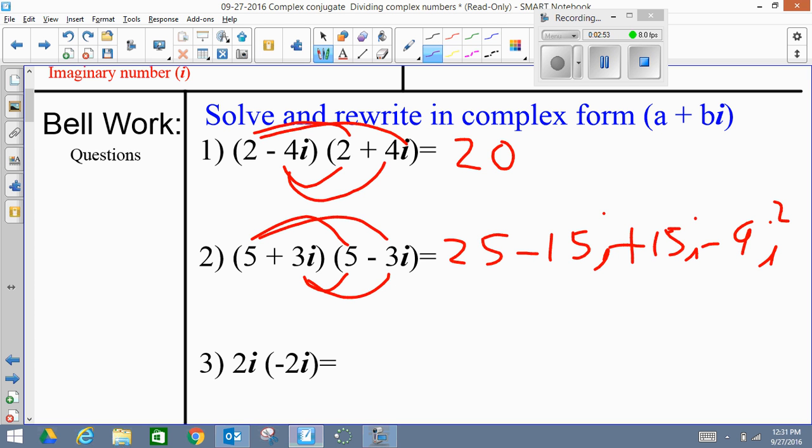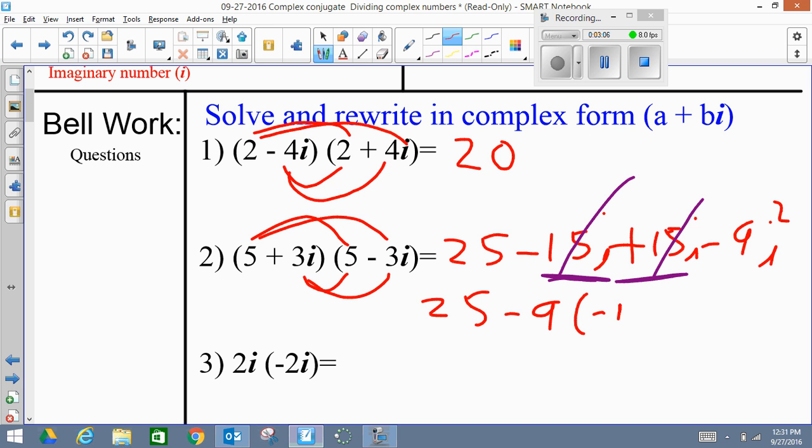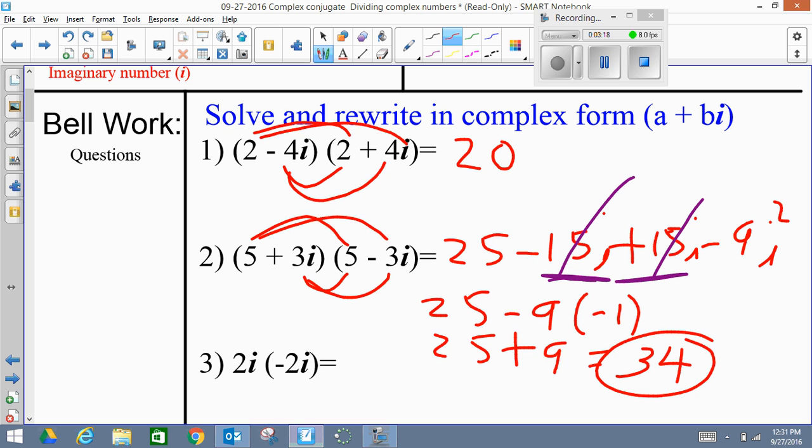Again, look at the middle terms, negative 15 plus 15. They are canceling out. So I'm going to have left 25 minus 9i squared. Instead of the i squared, times negative 1. 25, negative 9 times negative 1, positive 9, which is equal to 34. Again, no imaginary numbers, only a real number.